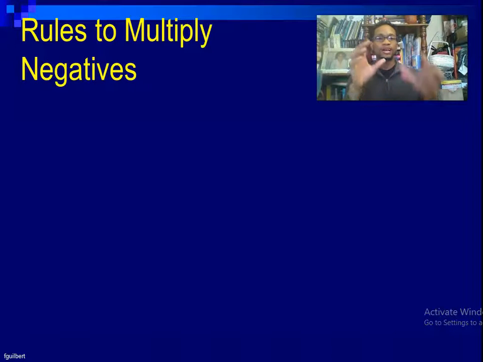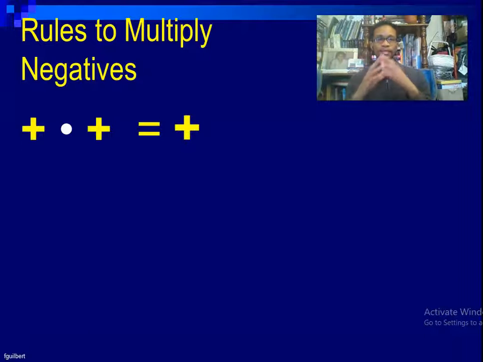There are rules of multiplying negatives, and dividing them as well. But once you know the rules for multiplying them, they're the same rules as dividing them. Let us proceed. The first rule: a positive number times a positive number is equal to positive. This dot means multiplication, to avoid confusion.